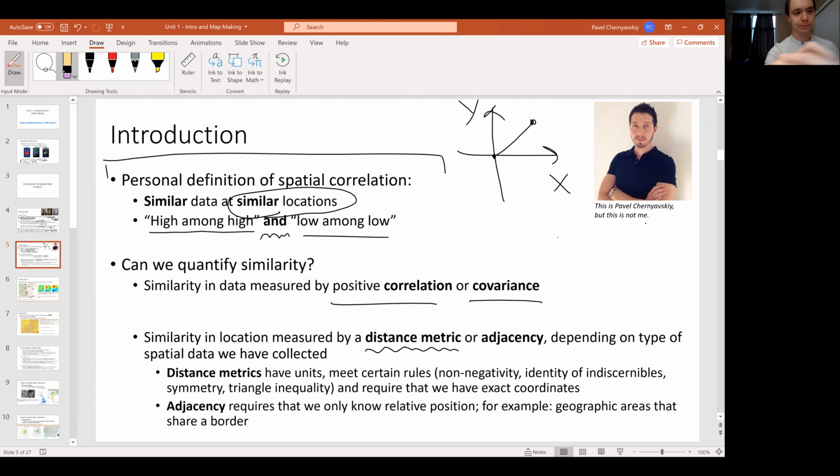As an example, I'll use red. The Manhattan distance would be this, because if you had a building here, you would have to go around the block, right, to get from this point to this point. So the Euclidean distance is, as they say, as the crow flies, a very straight line. And something like the Manhattan distance, I've seen it called the taxicab distance, would be more like the red line because you have to go around the block.